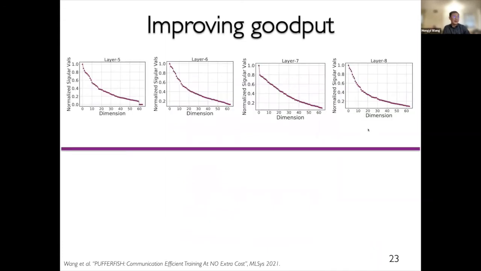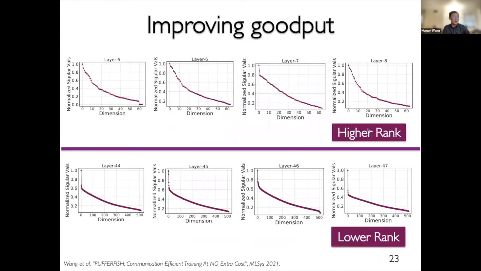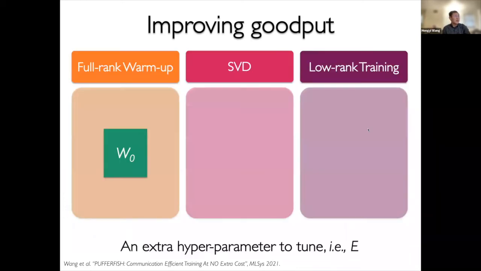Basically, we can look at the network's model weights, and we can find that some of the weights are inherently higher rank, so they're not quite tolerable to low rank factorization. And some other layers can actually be low rank. So we can detect them to decide which layers are easier to factorize. Also, it turns out that directly starting from a low rank network is not quite desirable.